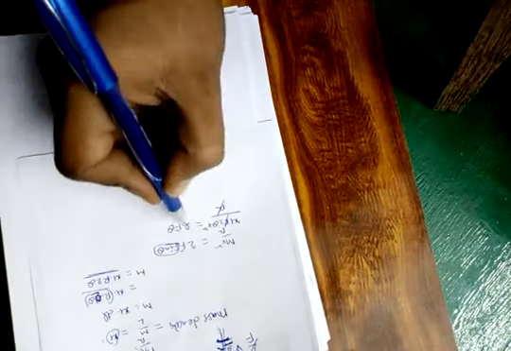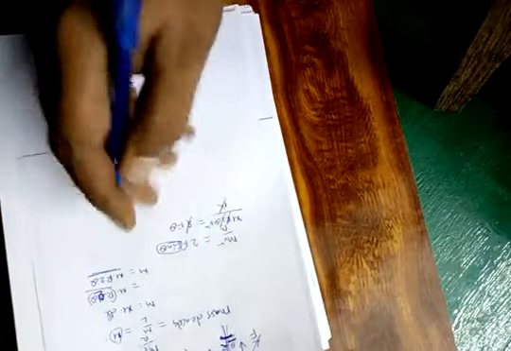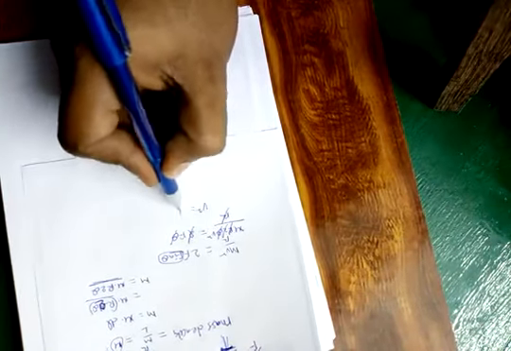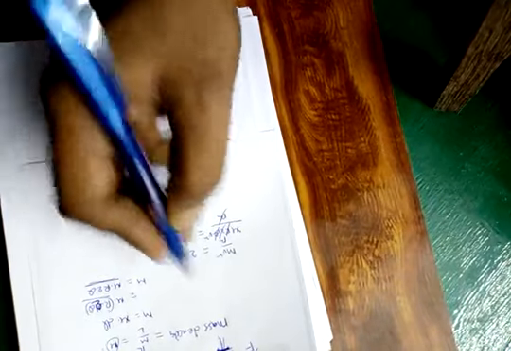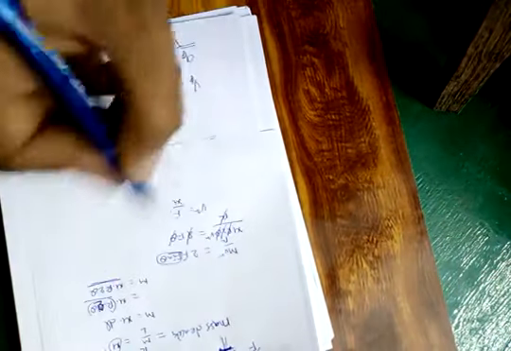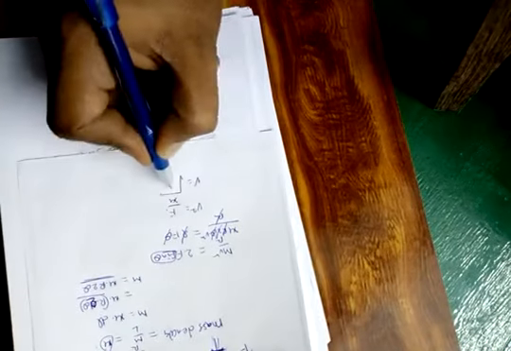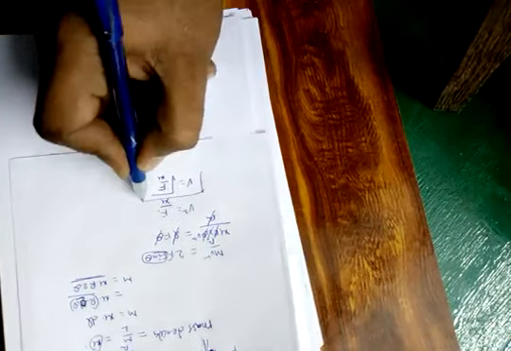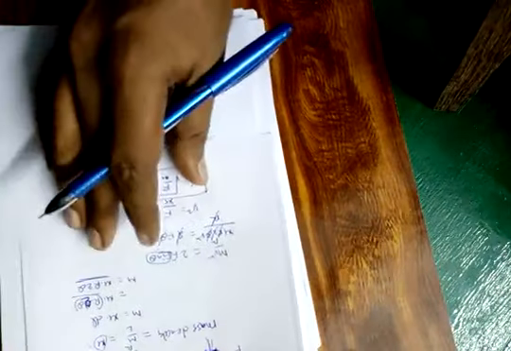The r will get cancelled, then the 2 will get cancelled, and theta gets cancelled, and we have v square is equal to F by mu, where F is the tension present in the string, remember. So v is equal to the square root of F by mu. So this is the velocity of the wave on the string.